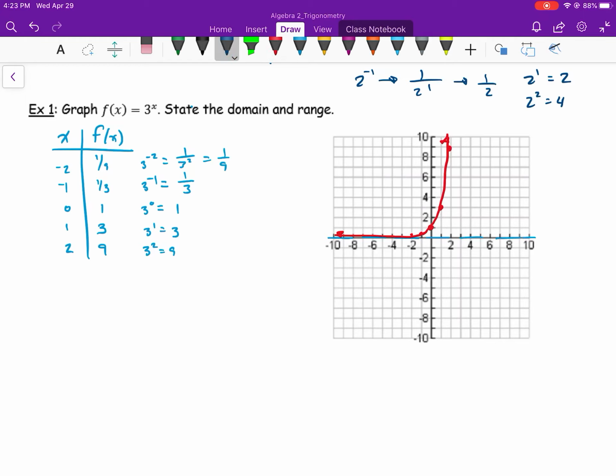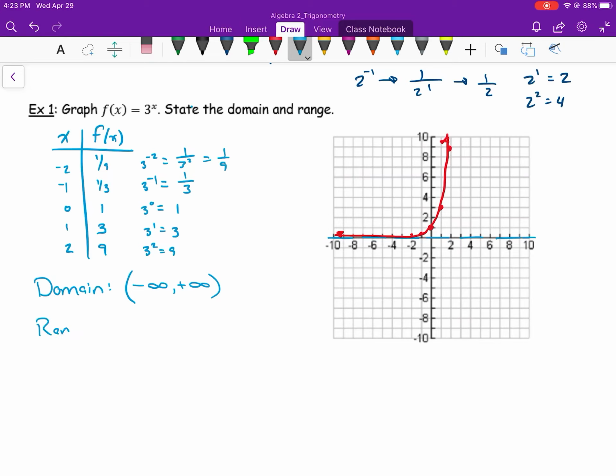Now our domain is the same. So left to right, negative infinity to positive infinity. There's no breaks in the graph.